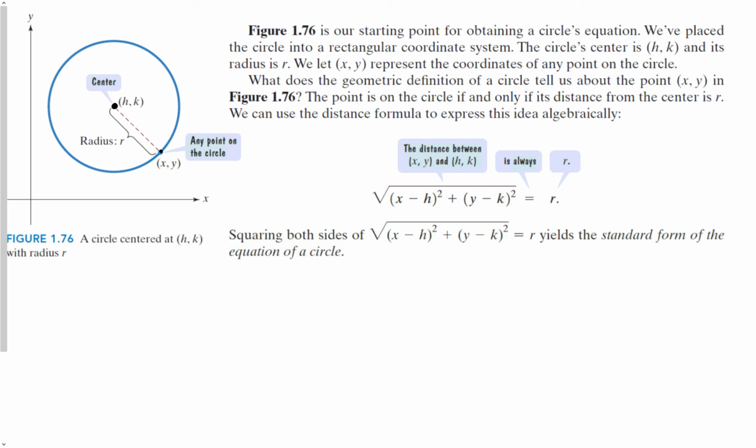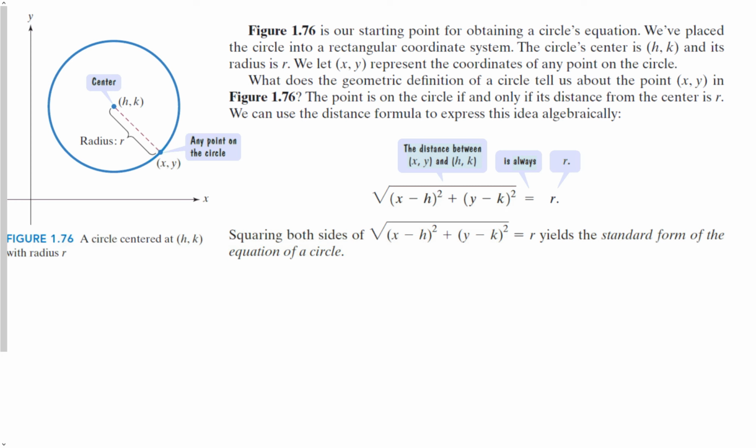And by definition, the distance between the two of them is the radius. Okay? So with that in mind, with this little dashed line being the radius, I have a formula that calculates distance. So the geometric definition of a circle tells us that xy has to be r away from hk.